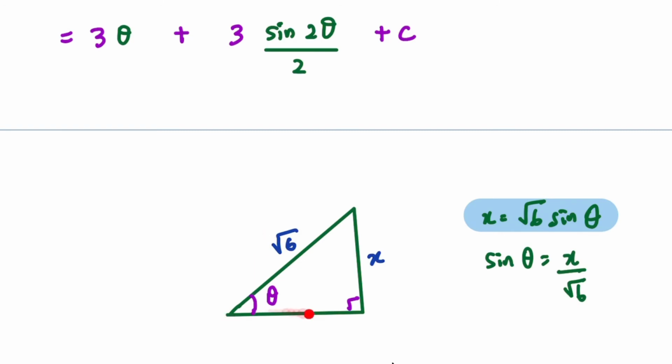So here you are able to find the adjacent. Let's open up your adjacent. This is just the square root of your hypotenuse squared minus opposite squared. So this is root 6 squared, which is 6, minus x squared. So now we have finished drawing up our triangle. This is very useful to us because we will back substitute the value after this.